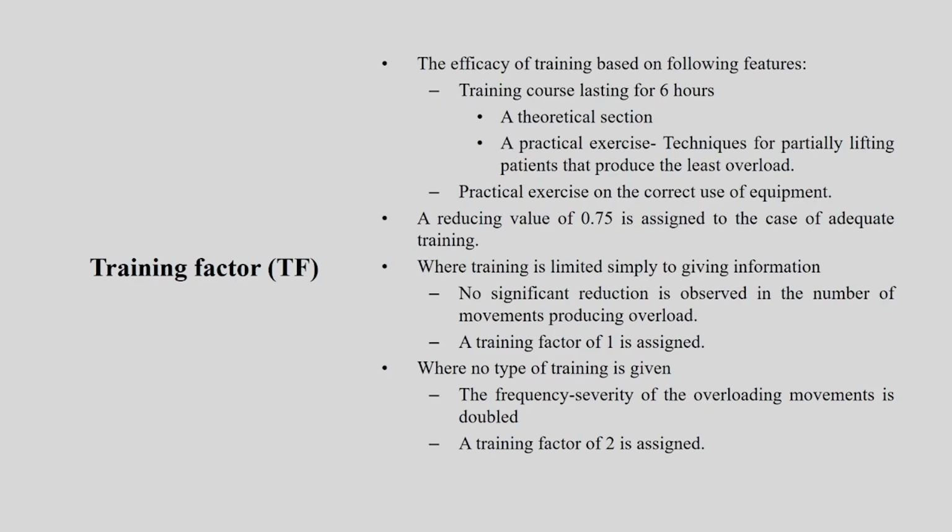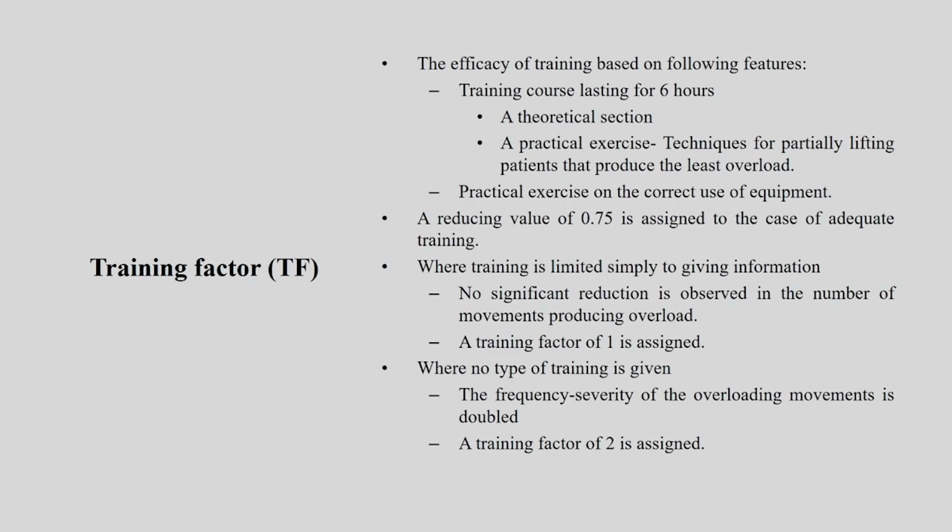Where training is limited simply to giving information, and no significant reduction is observed in the number of movements producing overload, the training factor needs to be given as 1. Suppose training is given but there is no impact, then it is 1, and if there is no training and the frequency and severity of the overloading movement is double, then the training factor will be assigned as 2.